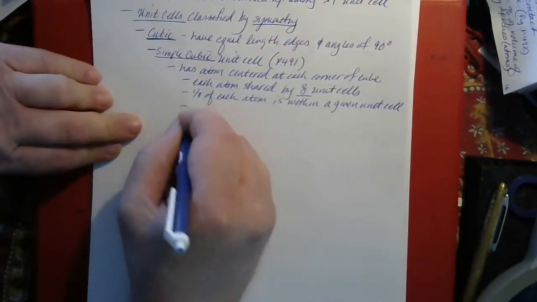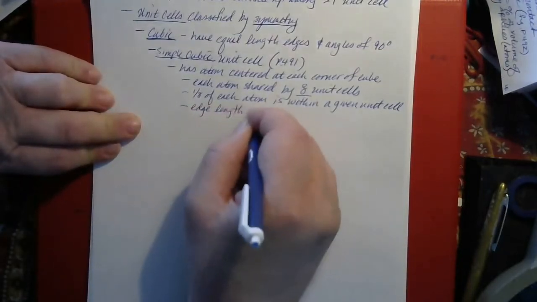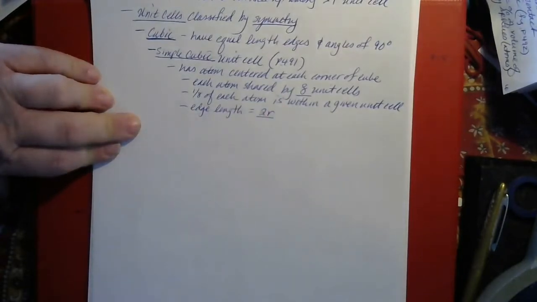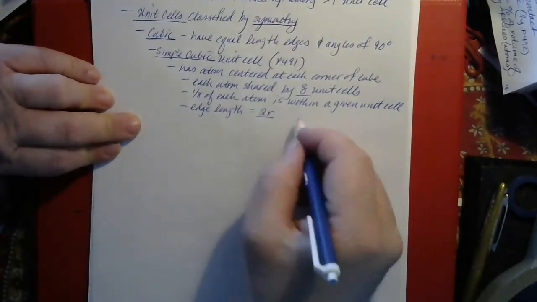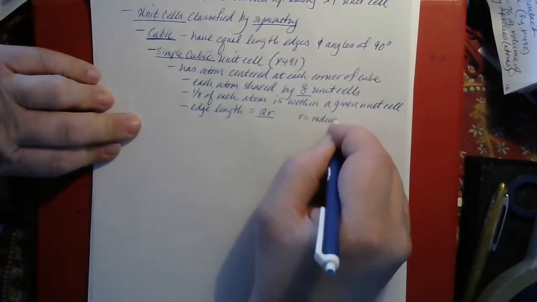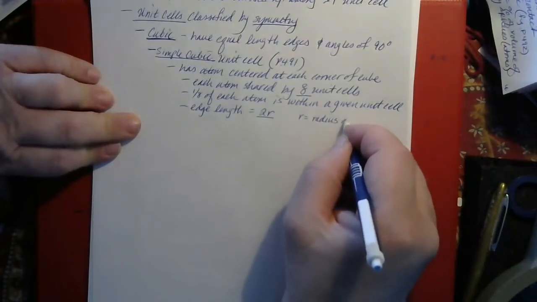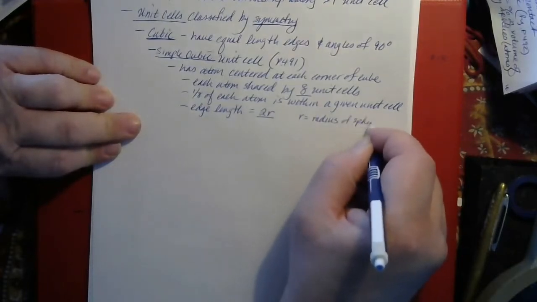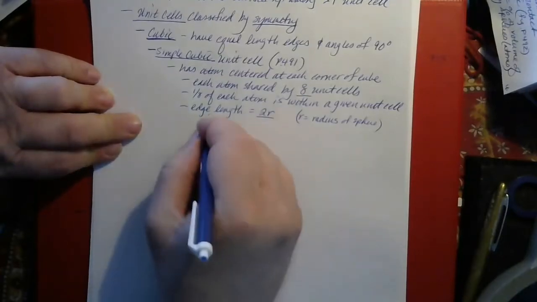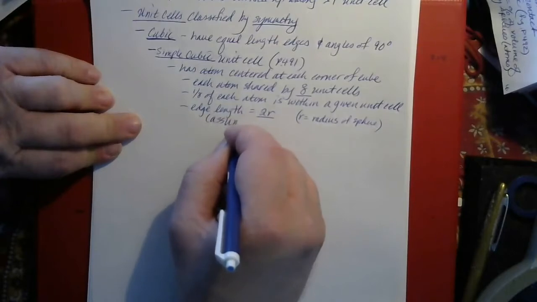Okay, so the edge length is 2r, where r is the radius of a sphere or an atom or ion or molecule, if that's what you're talking about. And this is assuming that the atoms touch, which we usually do make that assumption.